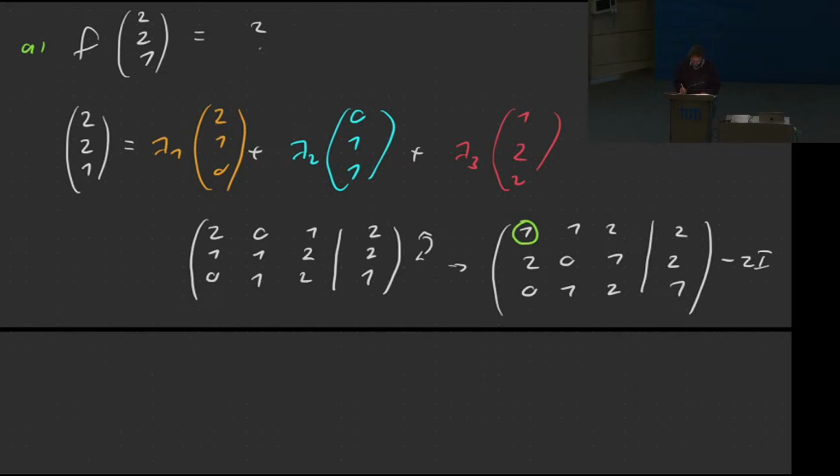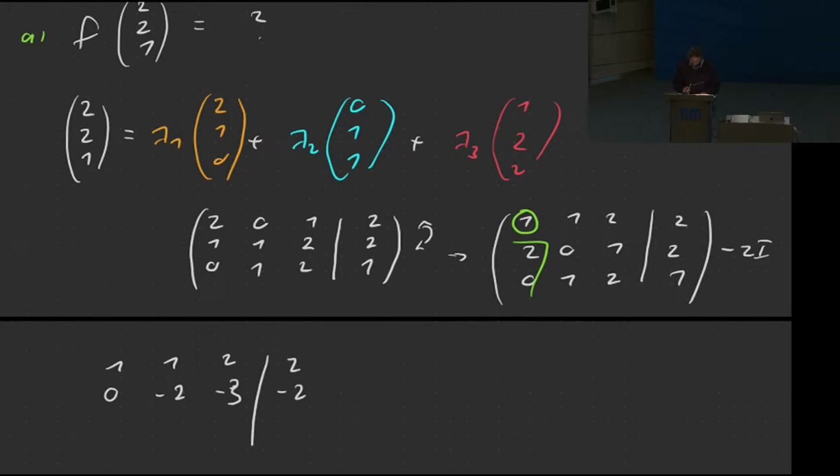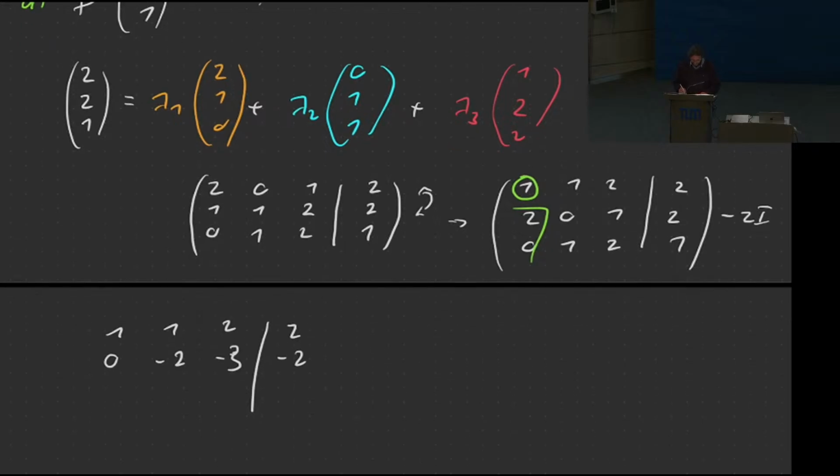All right, so this is my first pivot element. I want zeros here. So the first row is just copied. The second one will become 0, -2, -3, and -2. That's a 3. And there's already a 0 here in the third row, so I'll just leave that unchanged.